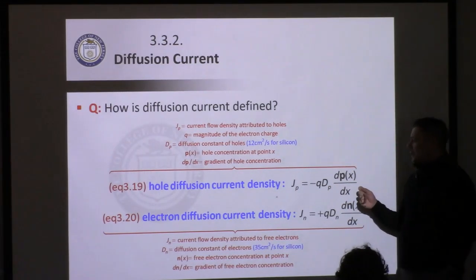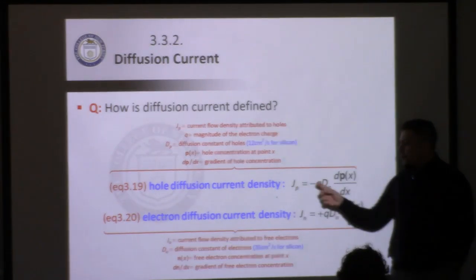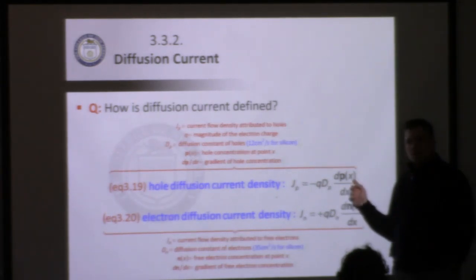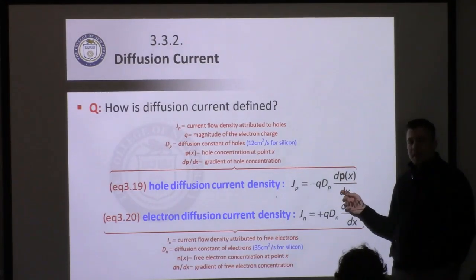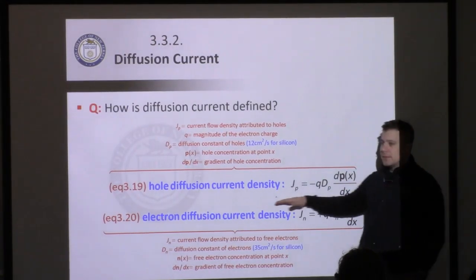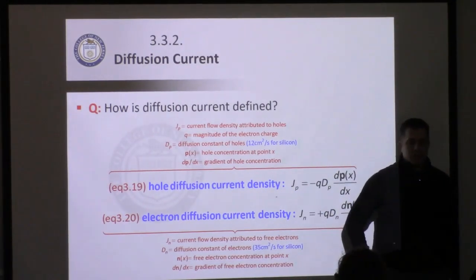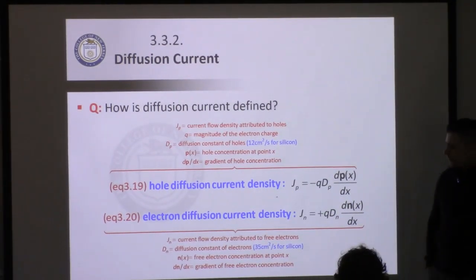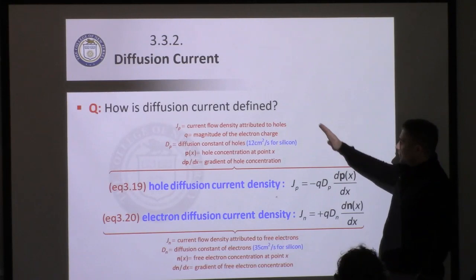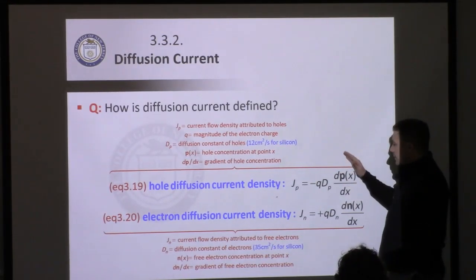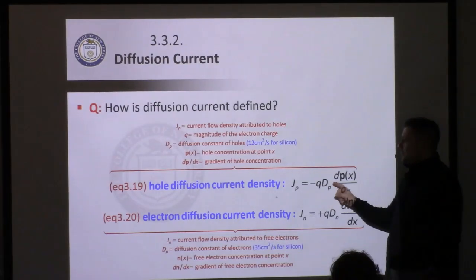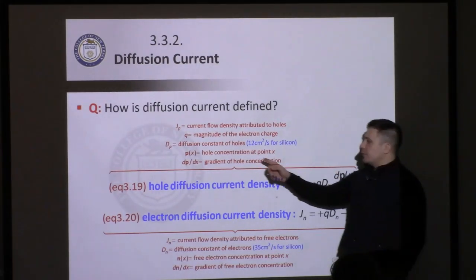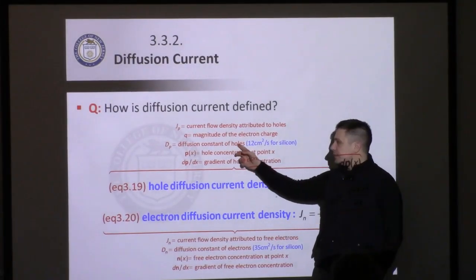Okay, so let's move from right to left. First things first, as you would expect, the diffusion current density is proportional to the gradient. If the gradient, meaning dp dx, is 0, if it's flat, there's not going to be any diffusion force. If there is a gradient, then we will have diffusion force. That is scaled by Dp, which is what we call the diffusion constant of holes.